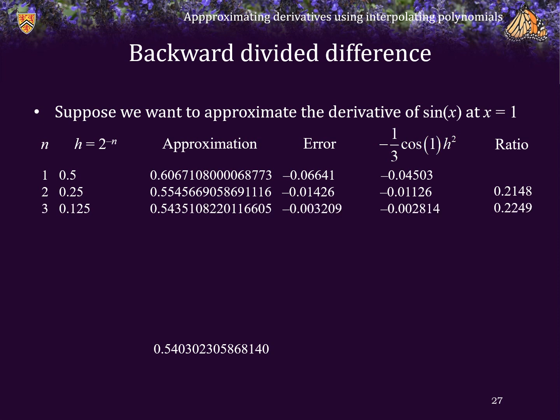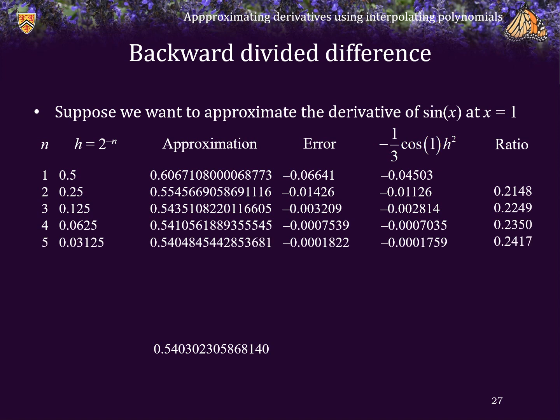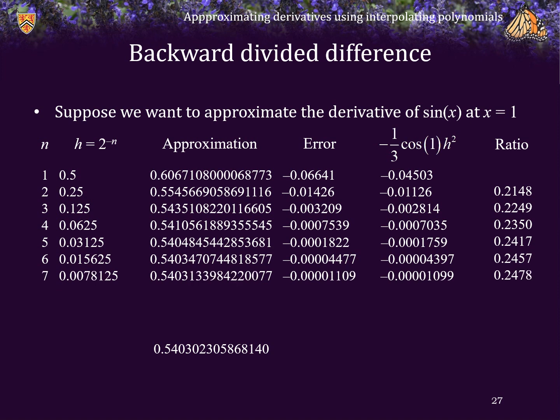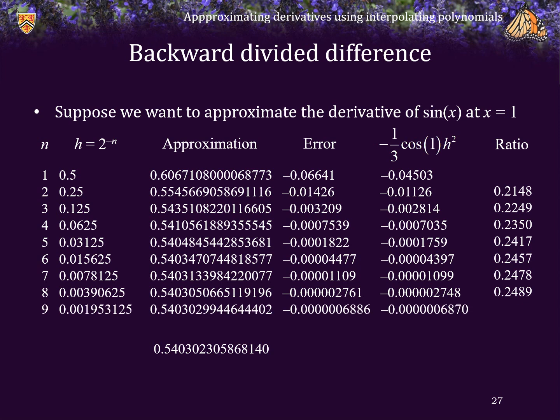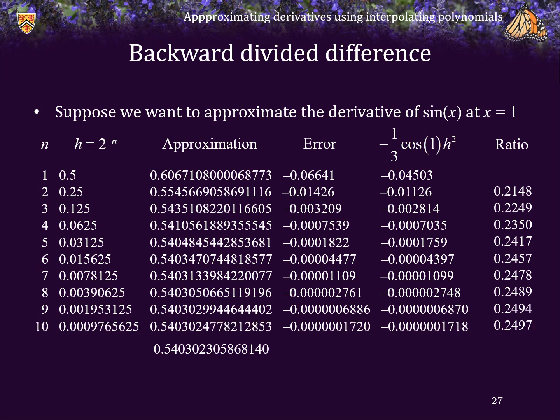But if we keep on going, you can notice that as h is reduced by a factor of 2, the error continues to drop by approximately a factor of 4. Not as quickly as before, but still true. Now, what's nice here is we still have approximately 6 significant digits of accuracy.